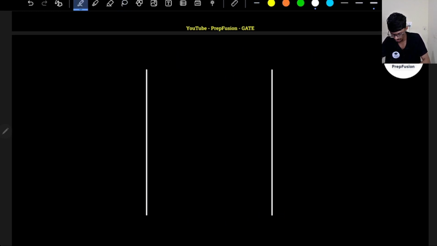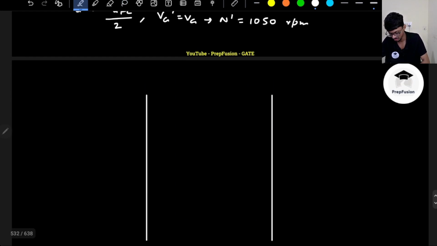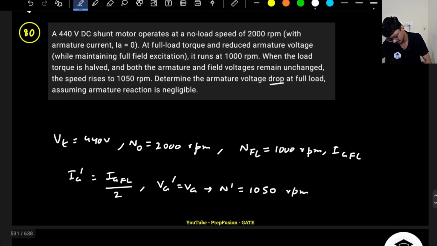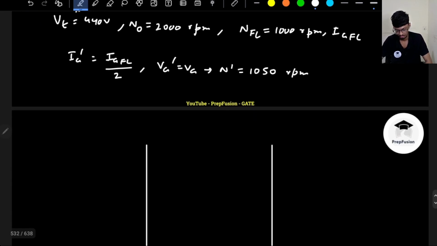So in the first case, of course voltage will not change, or in the first case Vt is 440 volts, operates at no load. So if it operates at no load, the armature voltage also will be the same, Va also will be 440 volts, because there will not be any drop in the armature.